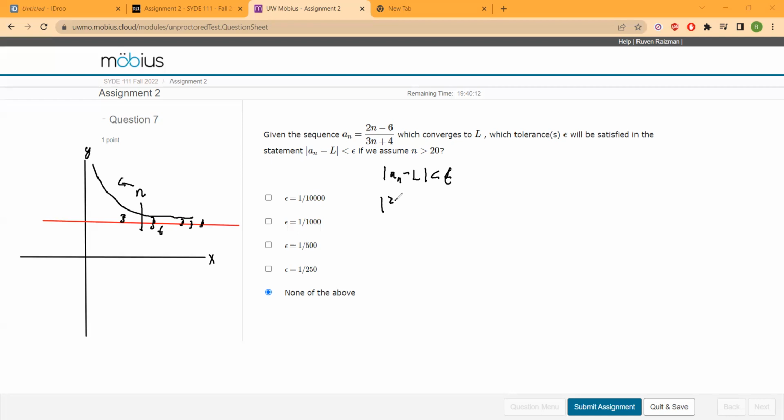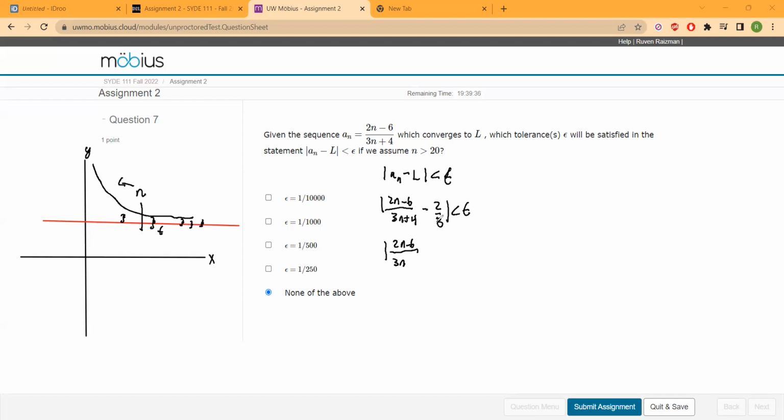So then we're going to get (2n - 6) over (3n + 4) minus 2/3, which is our limit, should be smaller than some epsilon. Let's simplify this. We're going to get the absolute value of (2n - 6) over (3n + 4) minus 2/3.